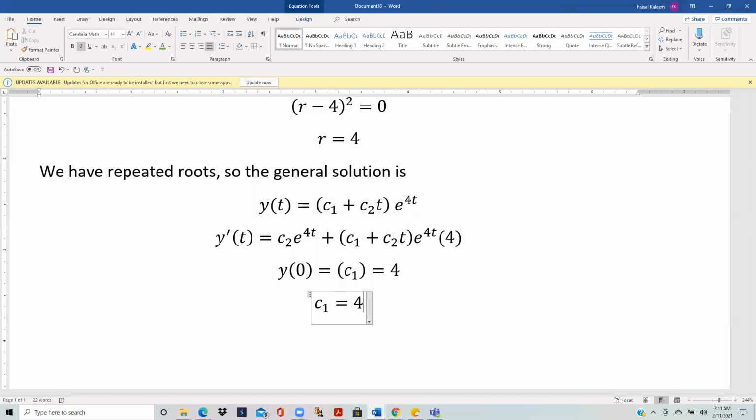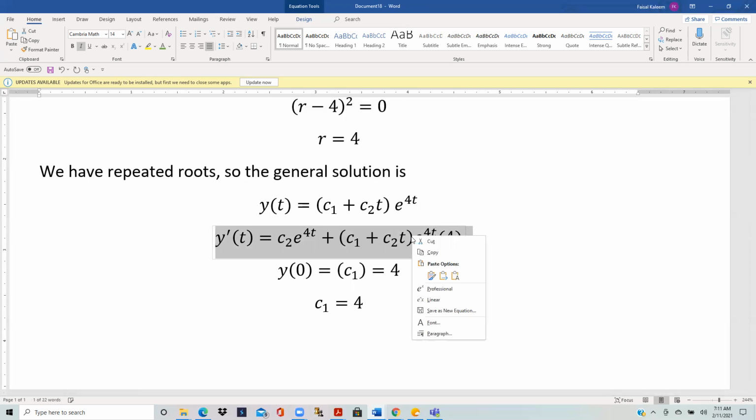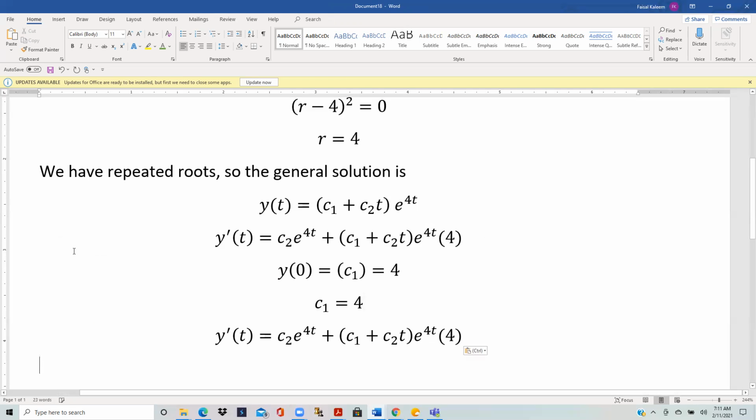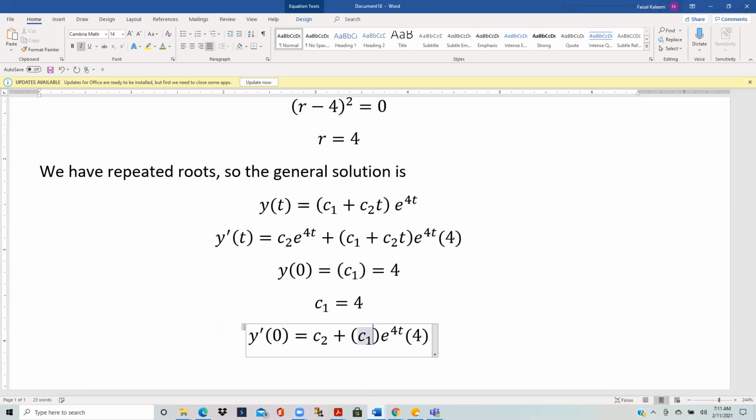And then you can do the y prime 0. So y prime 0, and now this will be C2 e to the 0, and e to the 0 is 1, so this will go away. And again, you put a 0 here, so this part will go away. And the C1 is 4.